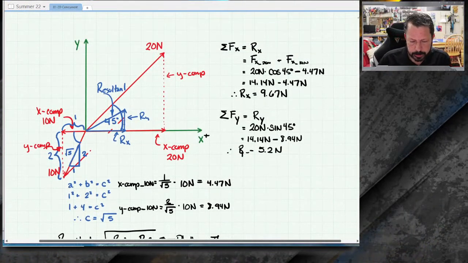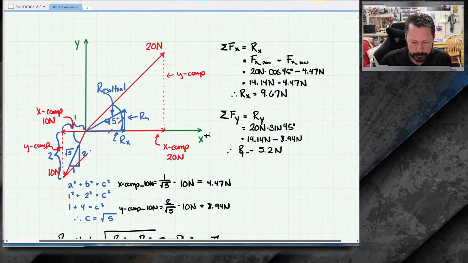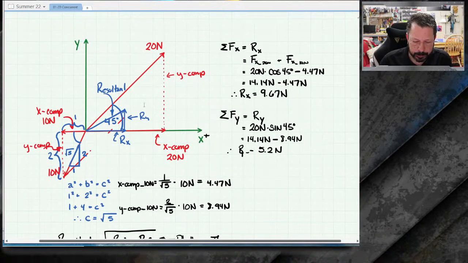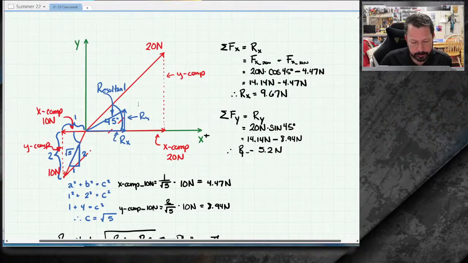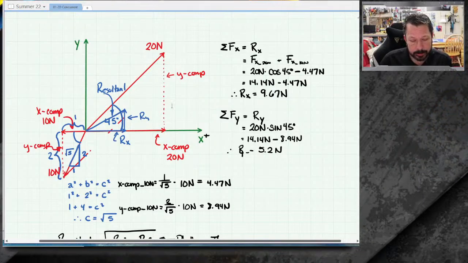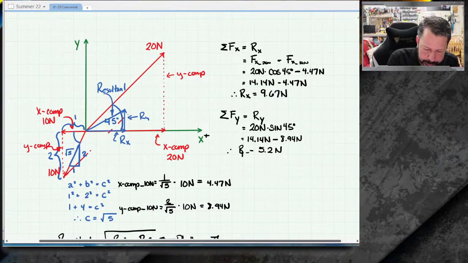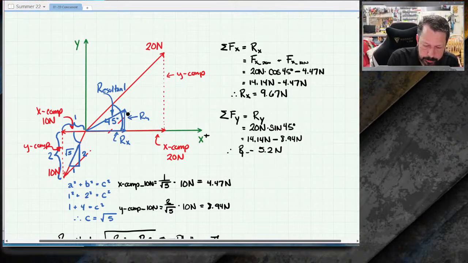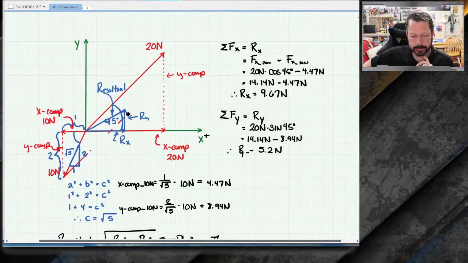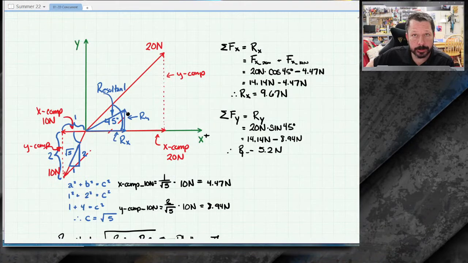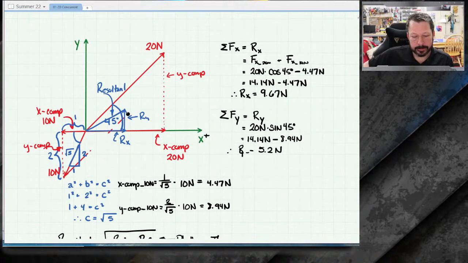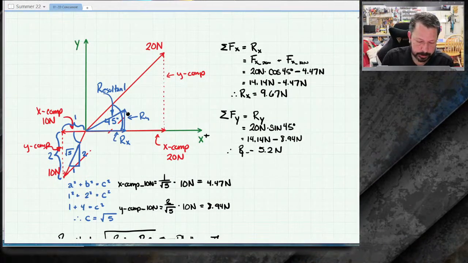I erased them already, but when we put the vectors head to tail and graphically added them together, I think it ended right there. So we weren't exactly right with our drawing, but it was close. We had an idea of where that resultant was going to land.